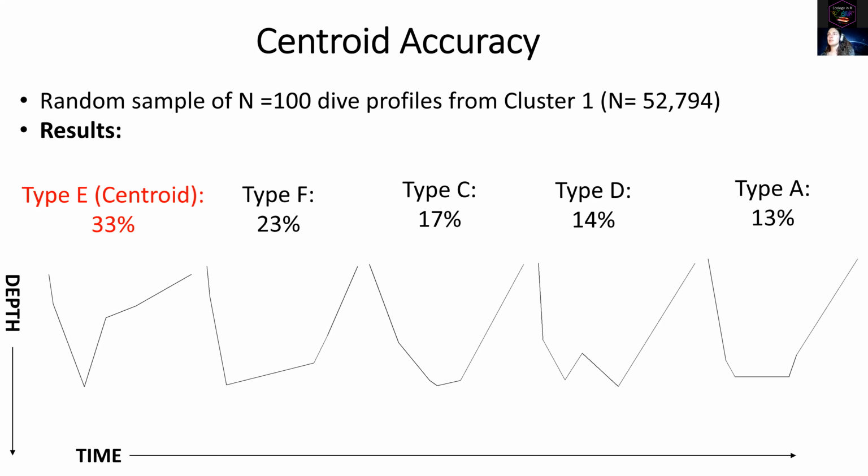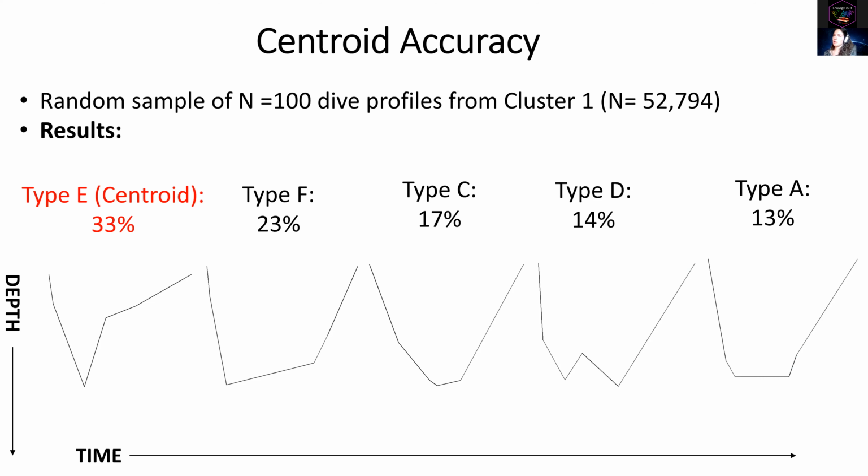Within each cluster, it iteratively updates the centroid by comparing it to all the dive time series in that cluster, trying to minimize the distance. Hopefully, the general shape of that ending centroid should be the majority dive profile that is most prominent for that particular cluster.